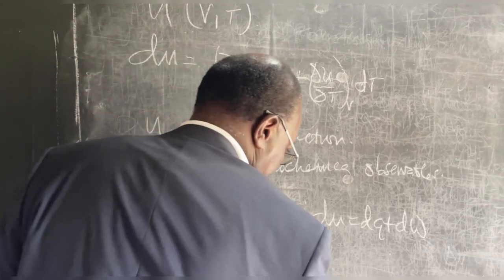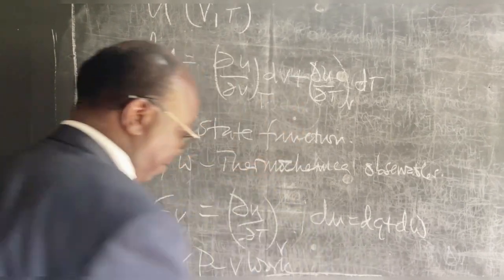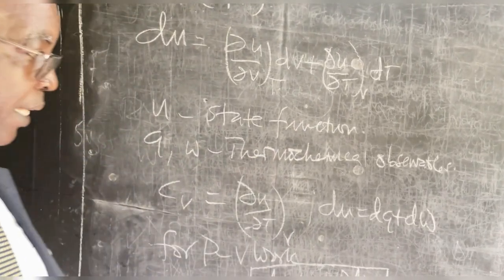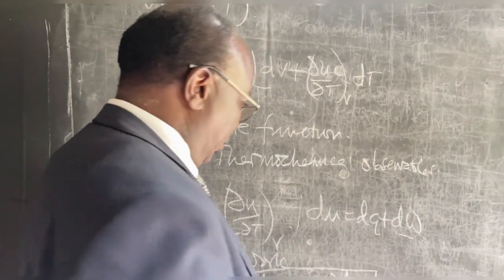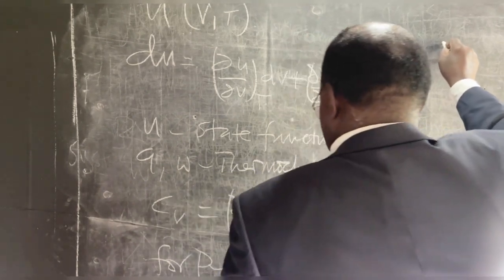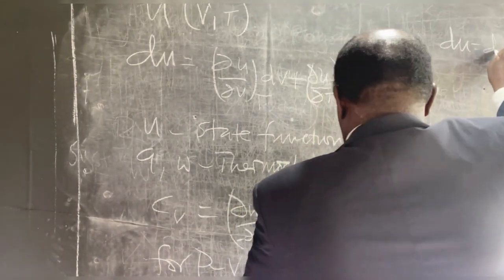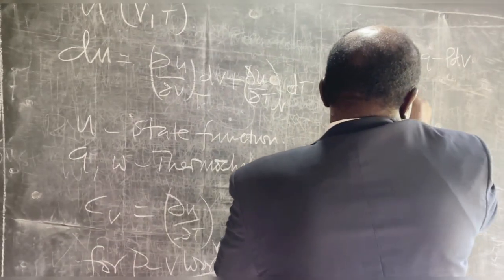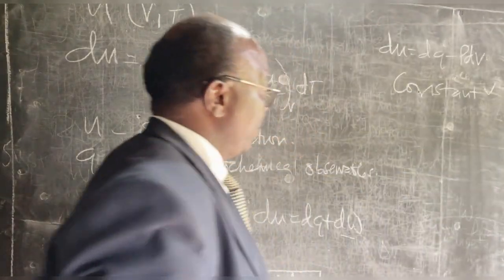Therefore, in place of this dw here, we can put minus P dV, so that dU is equal to dq minus P dV.